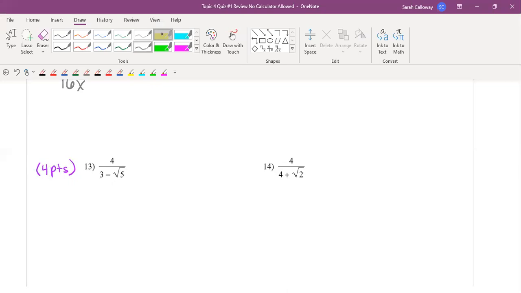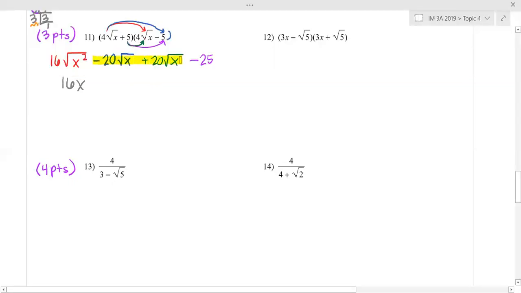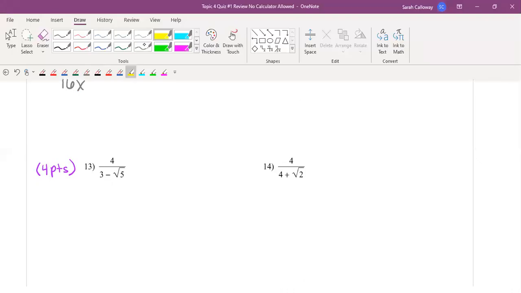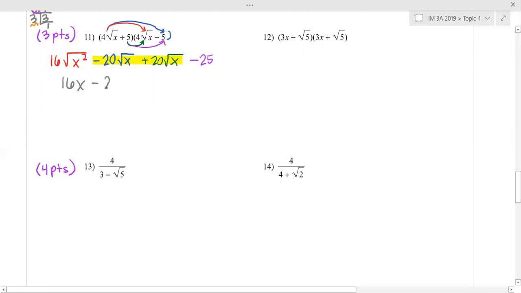So that means that these 2 terms are like terms, and we can combine them. However, when we do, we have negative 20x radical x plus 20 radical x. Those cancel to 0. And so all that we're left with is the minus 25. So our answer is going to be 16x minus 25.